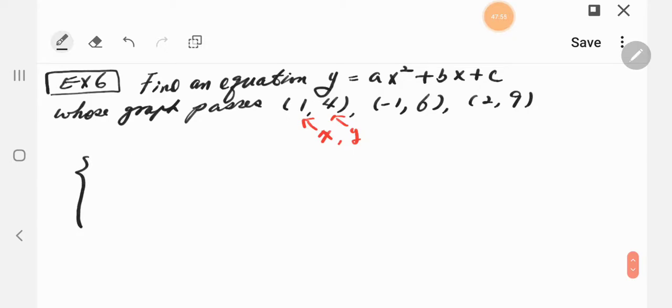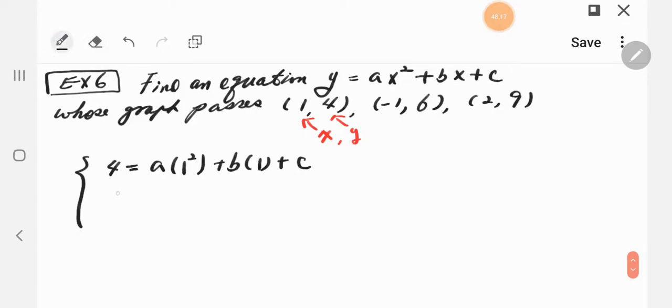For the first point, y value is 4, then x equals 1. So replace x with 1, then a times 1 squared plus b times 1 plus c. Not 5, that is b, sorry.